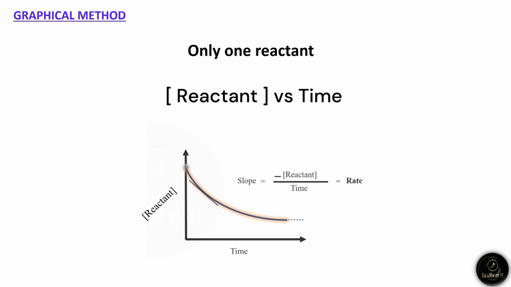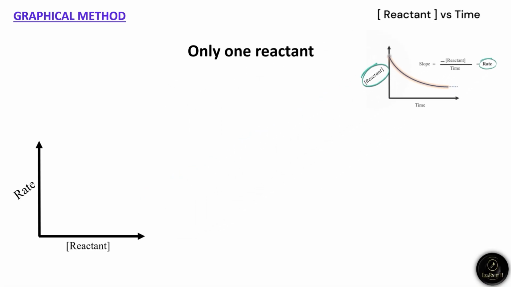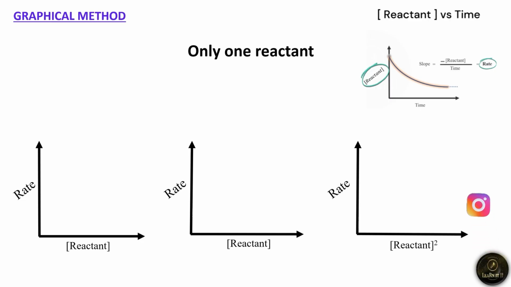Next, the rate of the reaction is plotted versus concentration of the reactant. Next, versus square of the concentration of the reactant and cube of the concentration of the reactant, and so on.